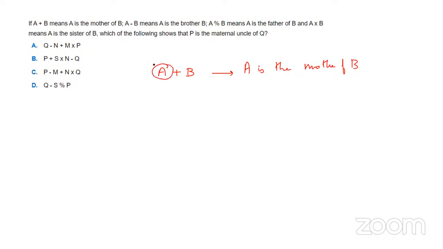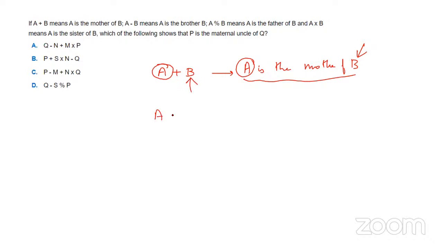For female, I put a circle, and for a male, I put a box to determine the gender. So from the statement, A is the mother of B, I can clearly say that A is a female. But can you determine the gender of B? B could be either male or female, either son or daughter. So I cannot find the gender of B.